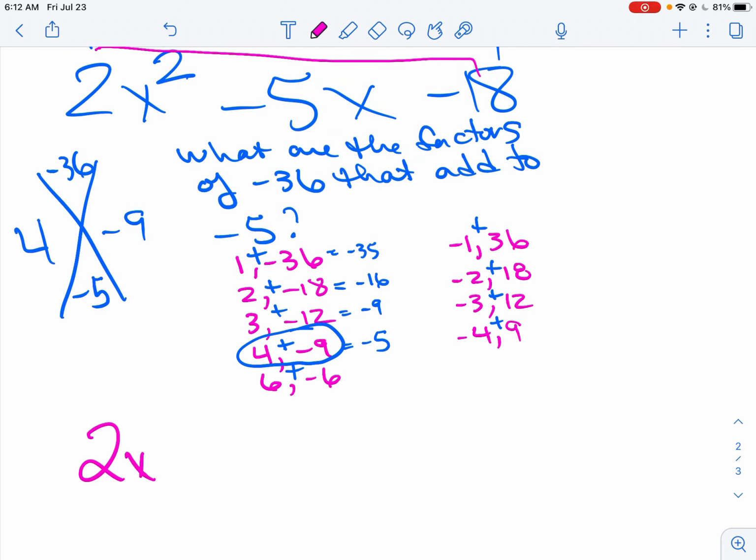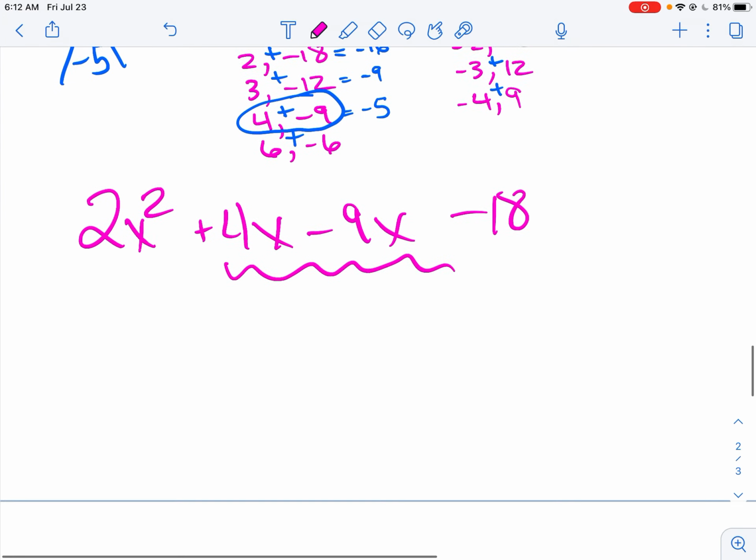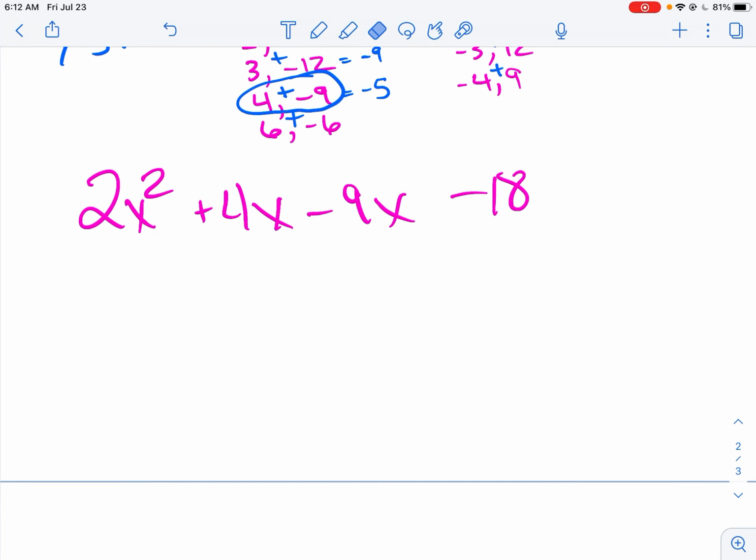So I'm going to write down my first term as is and my last term as is. Then I'm going to use these two right here to make my middle terms, because these two right here have to add together to get this right here. So, change my color. I look at the first two.